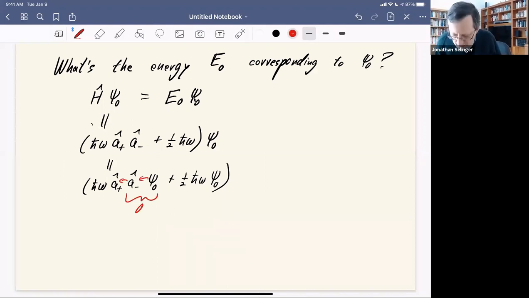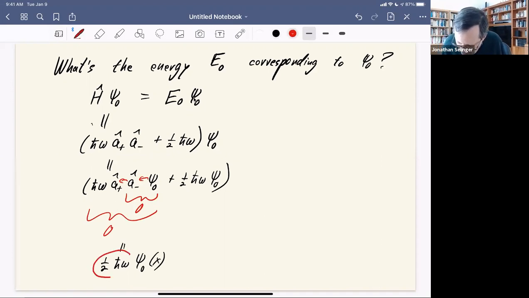So this whole first term is 0, and the whole thing is just equal to 1/2 h bar omega times psi 0 of x. This number times psi 0, that is our E0.